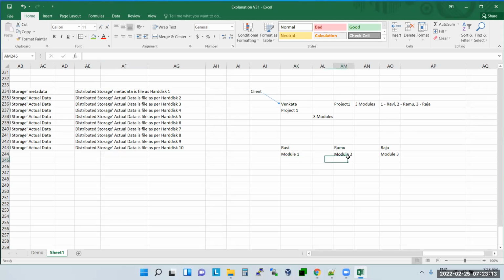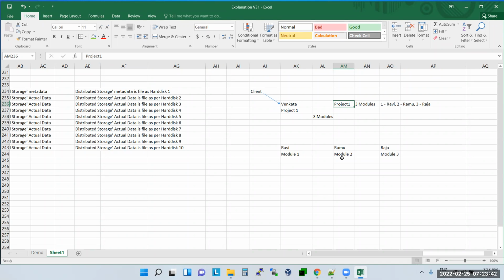Ravi doesn't know module 1 is part of project one, Ramu doesn't know module 2 is part of project one, and Raja doesn't know module 3 is part of project one. The only person who knows that all these modules together make project one is Venkata.